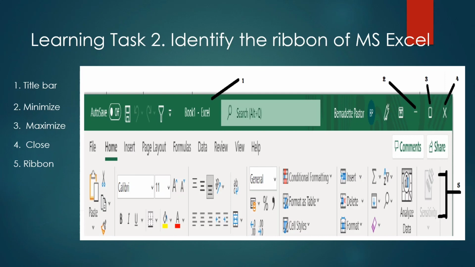It is used to close the application software that is open. And number 5, ribbon. These are all the tools of the current tab Home. So every tab has a different set of ribbon.